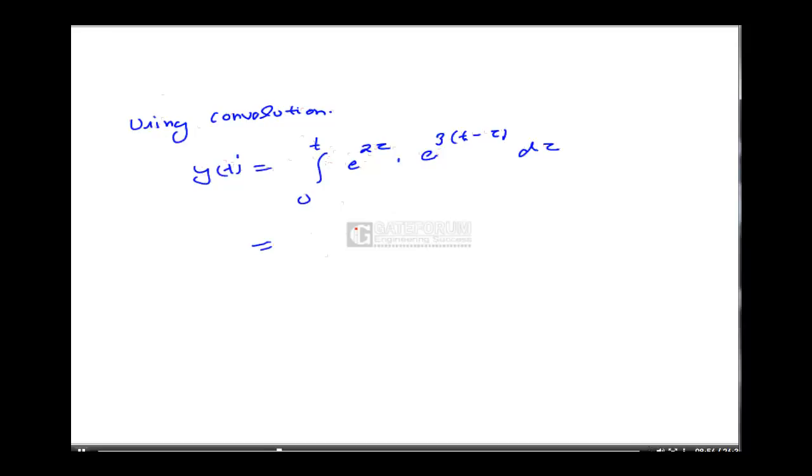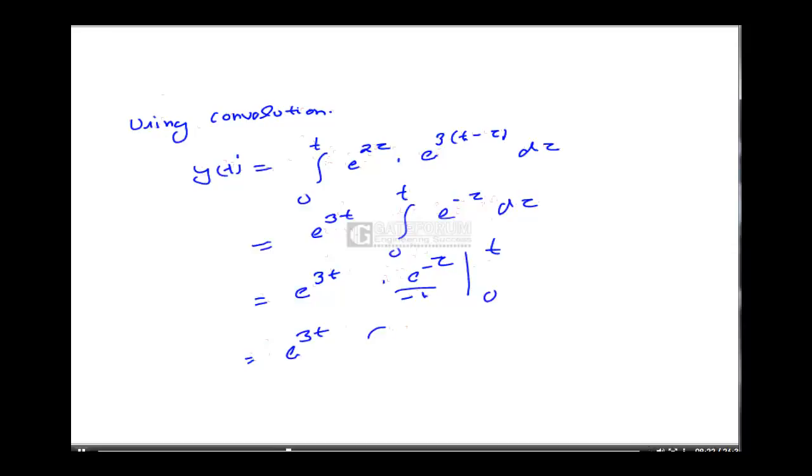This will become e to the power 3t outside, integral 0 to t of e to the power minus tau d tau, which is e to the power 3t times e to the power minus tau by minus 1, from 0 to t. This will become e to the power 3t times e to the power minus t by minus 1 minus of minus 1.